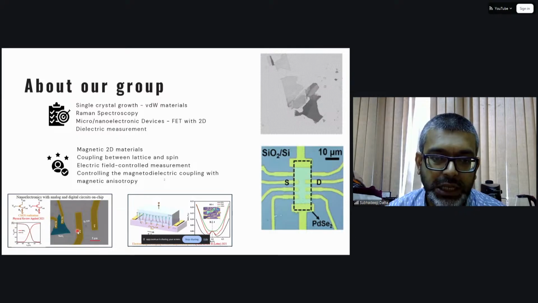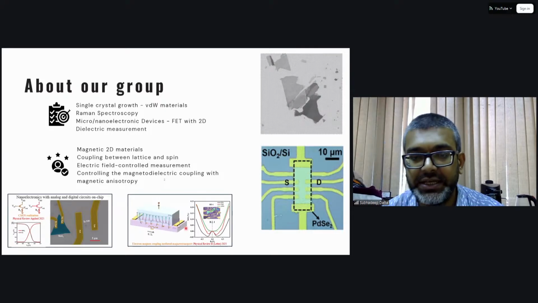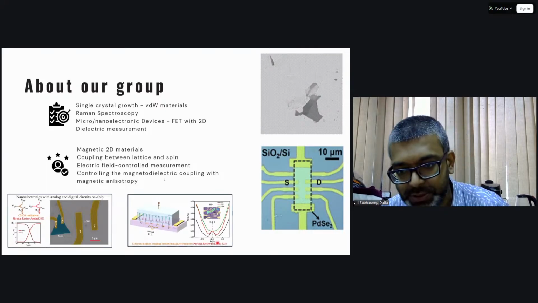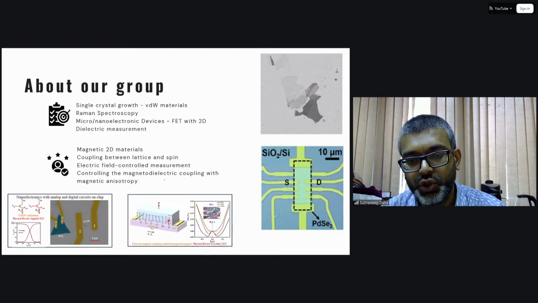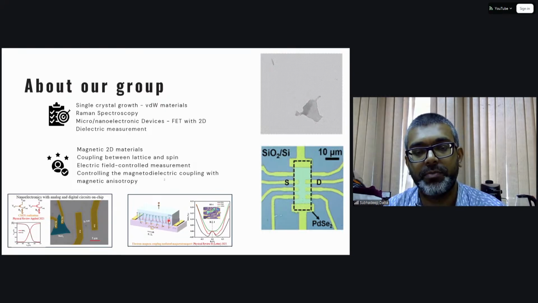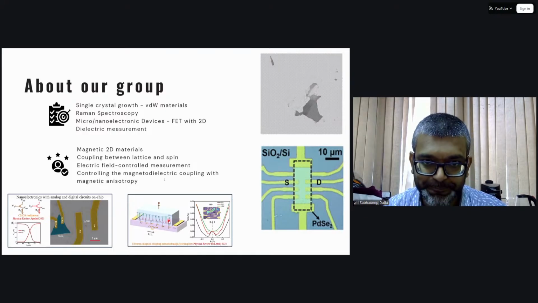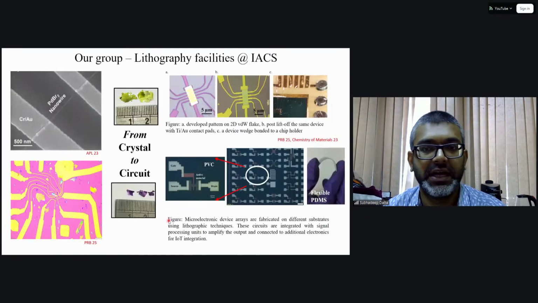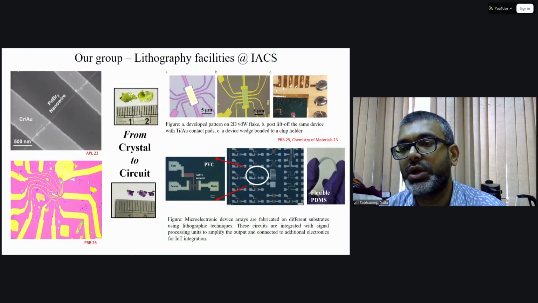Together with this, we can also create circuits with magnetic insulators, as you can see here, and you can measure magnetoresistance on top of it. So you can probe electron-magnon coupling in devices. Just to give you a glimpse of our circuits, this one has already been discussed. It is also a part of our job to connect those circuits with electrometers.